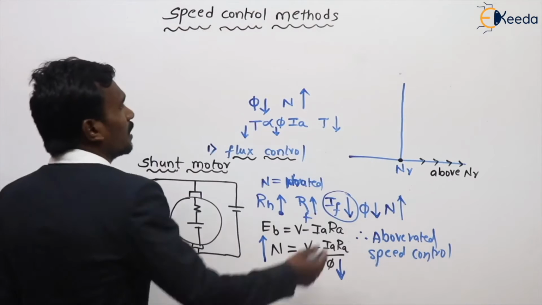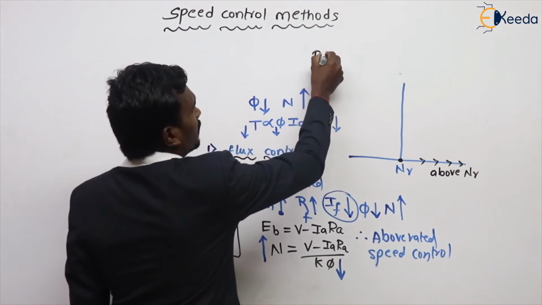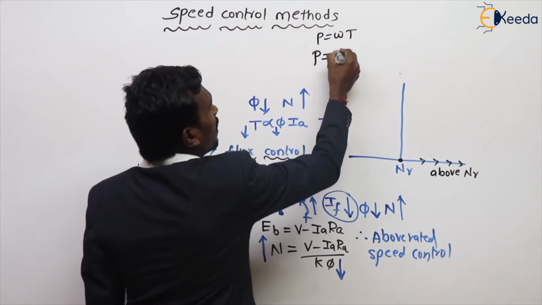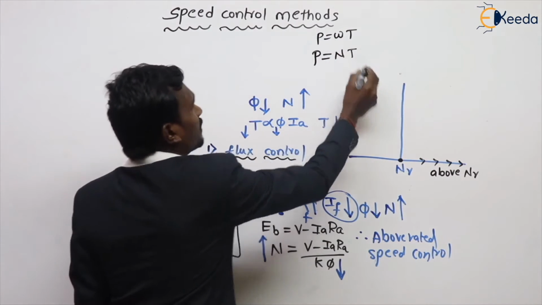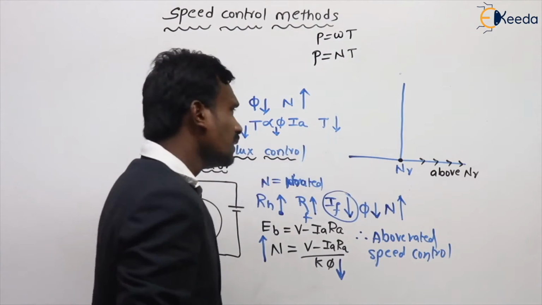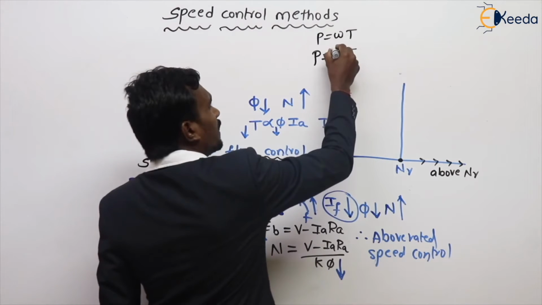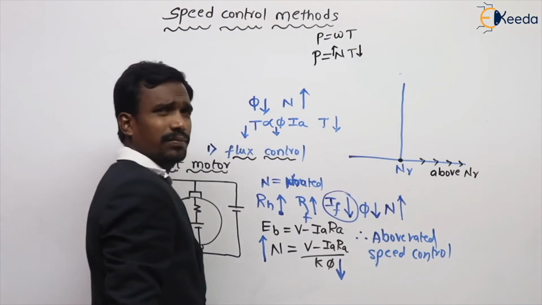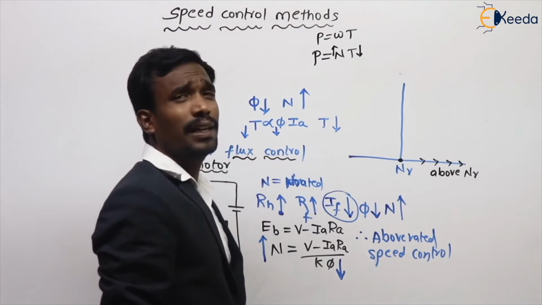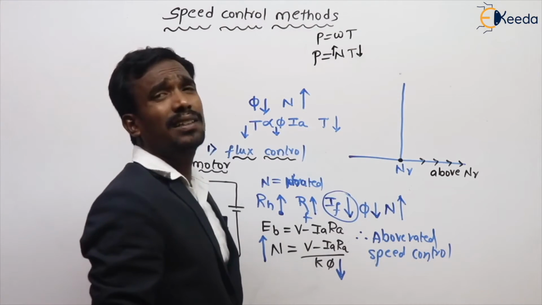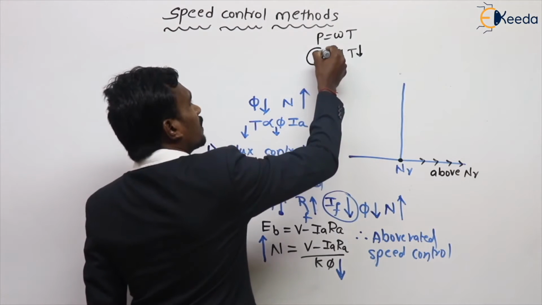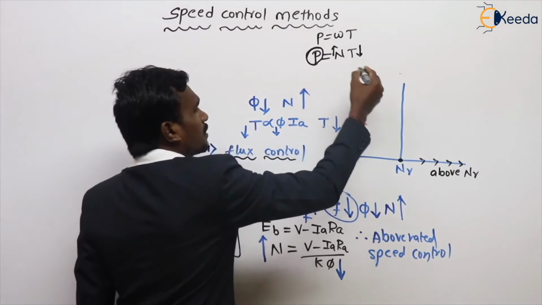We know that the power P is equal to omega T, or simply N T. Here the speed is increasing but torque is reducing. As usual, when the speed increases, then the torque reduces. Then what about the power? The power is constant.